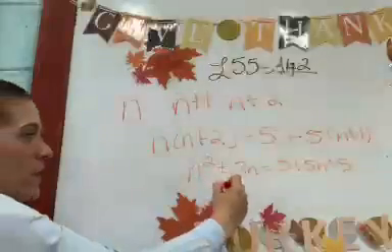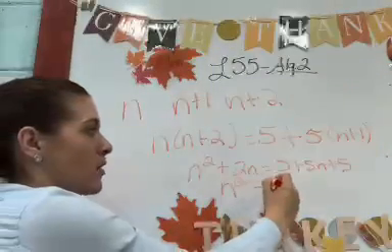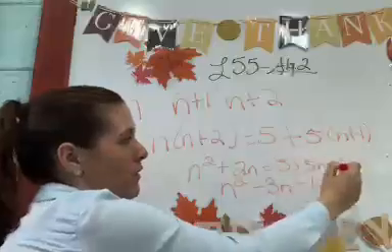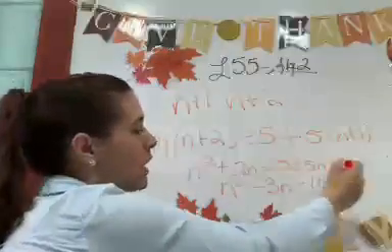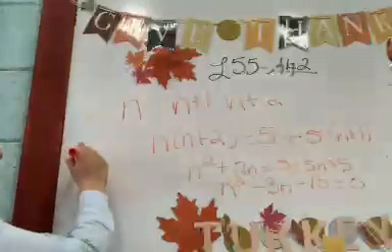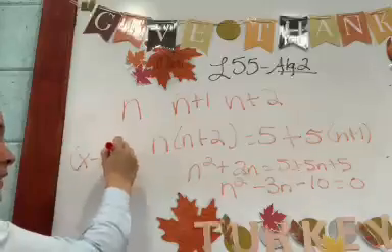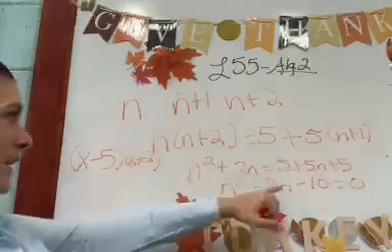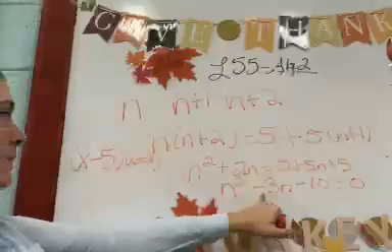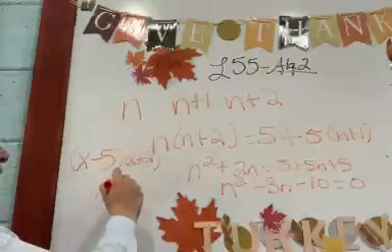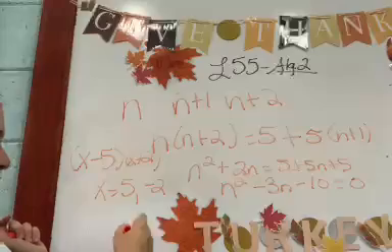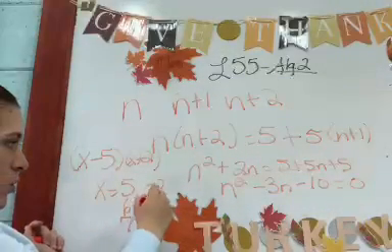Move all that to one side. n squared minus 3n when we move the negative 5n over here, minus 10 when we put 5 and 5 together and move it over here, equals 0. The factors of that are going to be (x minus 5) and (x plus 2). Let's check it. Negative 5 times 2 is negative 10. Negative 5 plus 2 is negative 3. So that's going to be x equals 5 and x equals negative 2. So we do our consecutive integers. It's 5, 6, 7, and negative 2, negative 1, and 0.